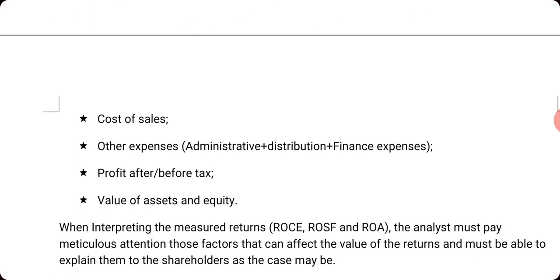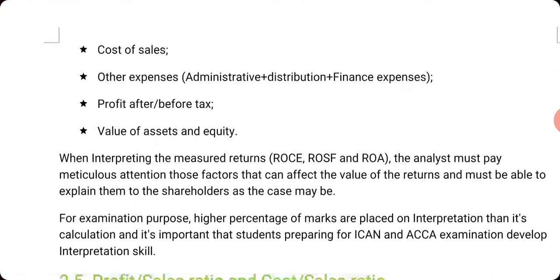Where a company has a higher cost of sales, which is more of an indirect cost, the company will definitely have lower returns. So when a company manages its costs, it invariably increases its profit or return. Then other expenses, profit before tax and value of assets also affect the returns of an entity.